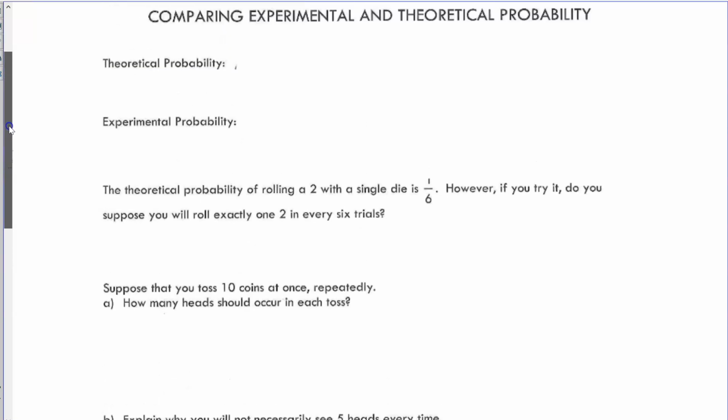Okay, so first I'm just going to remind you what the definitions were of both theoretical probability and experimental probability.